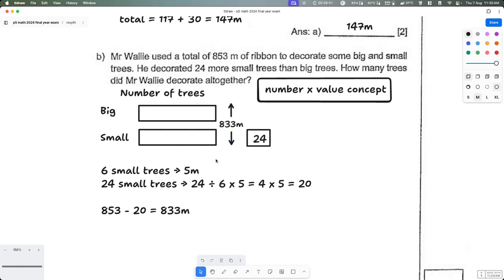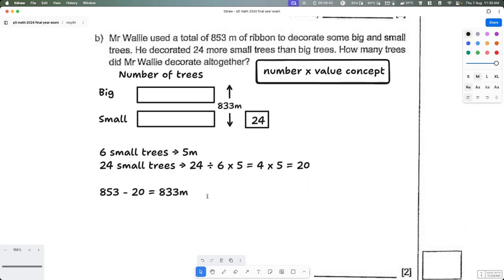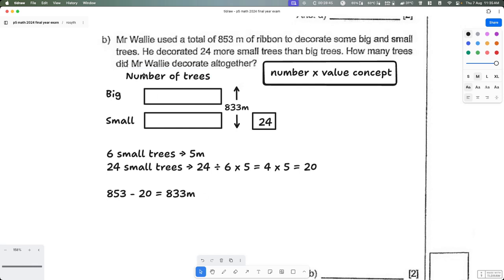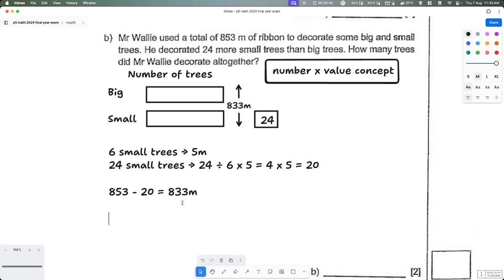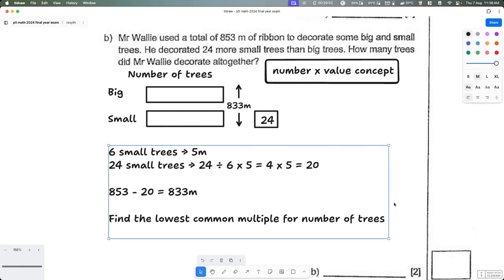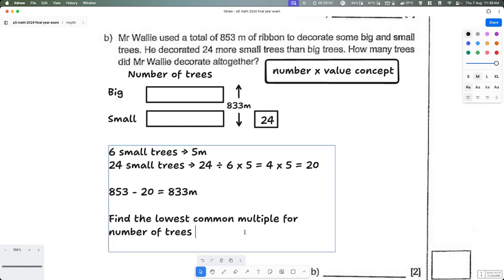What we can do is that we know the number of trees is the same. So the next step is to find the lowest common multiple for the number of trees, which is 4 and 6. That gives us 12.